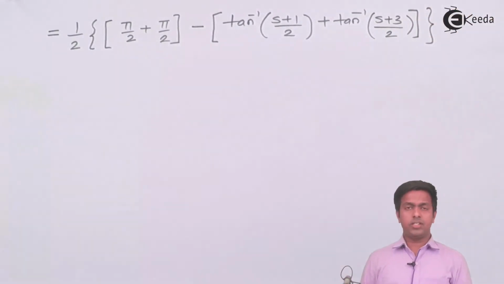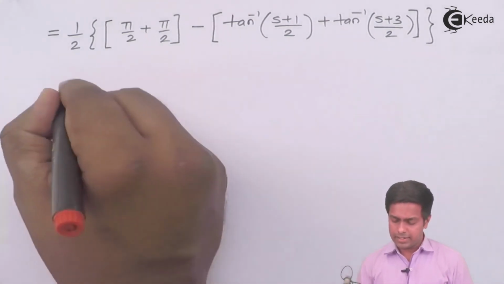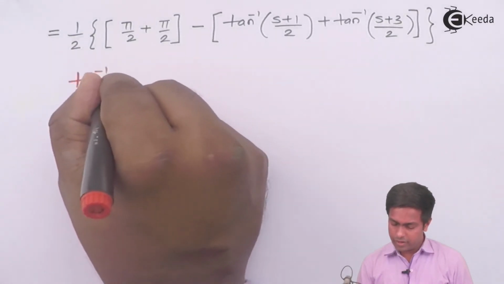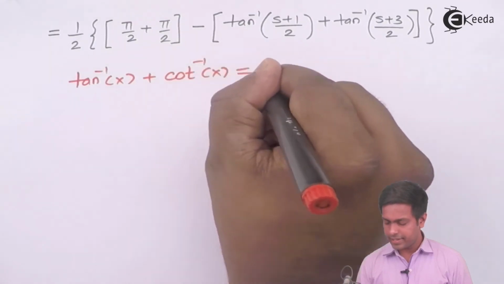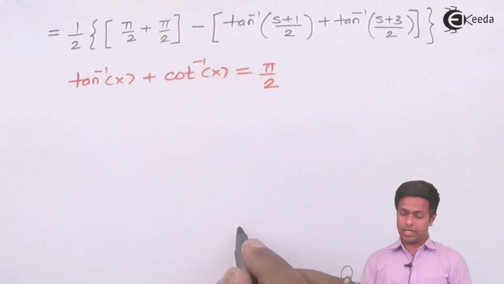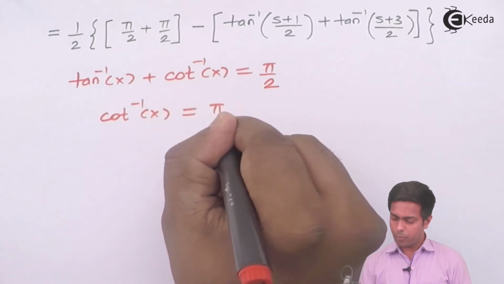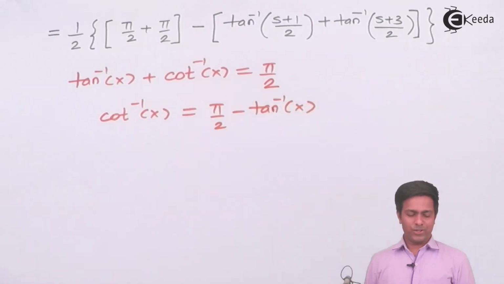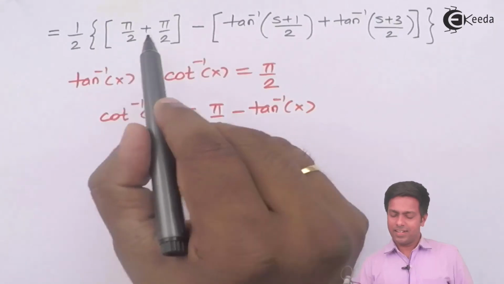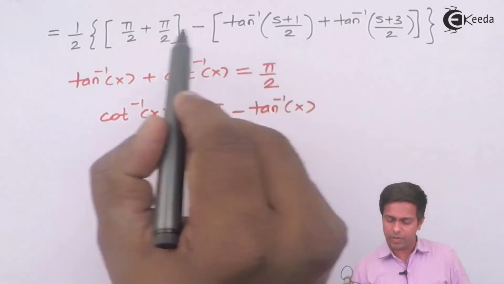Now actually this is the final answer, or if you want to simplify it further, we can do that. So here I'll use a property, that is tan inverse of x plus cot inverse of x is equal to pi upon 2. So as we know that cot inverse of x is pi upon 2 minus tan inverse of x. So you can see this property here. This negative sign will make this minus tan inverse (s plus 1) by 2, and here we have pi by 2.